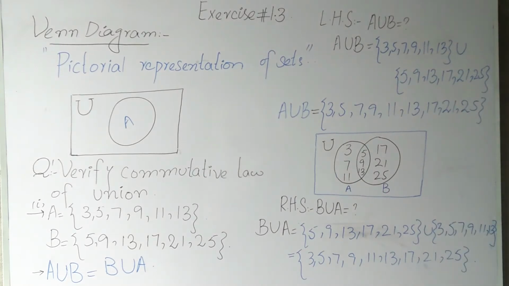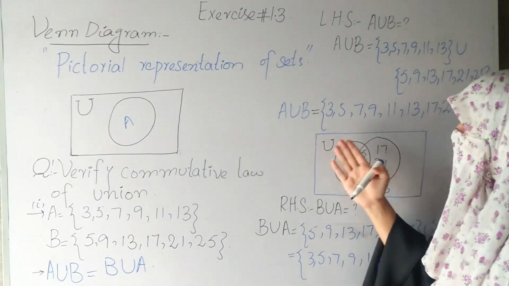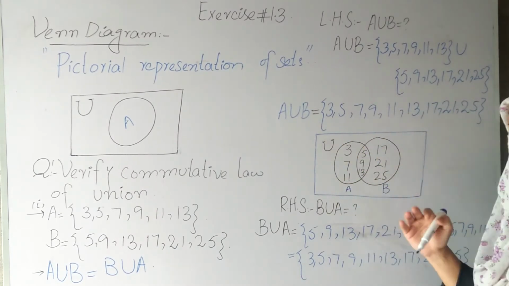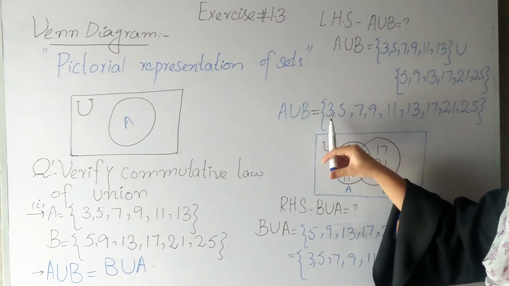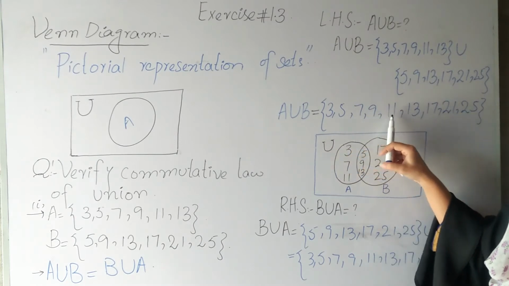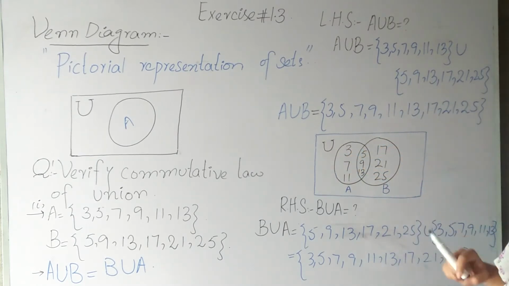So we represent A union B by using Venn diagram, which is A union B is 3, 5, 7, 9, 11, 13, 17, 21 and 25.